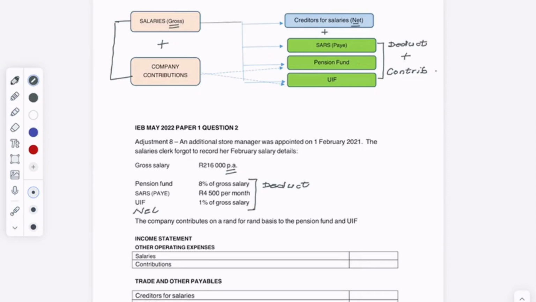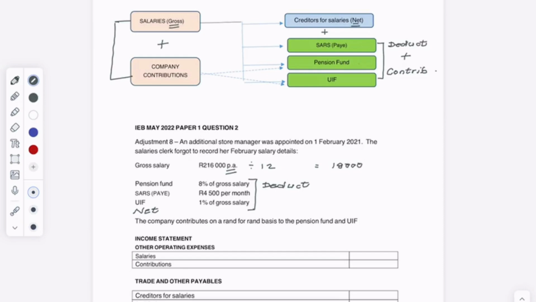And so many learners forget the name of that account. It's a creditor for salary. Creditor, somebody you owe money to, but it is not a trade creditor. You didn't buy stock. It's a creditor for salaries. Okay, let's do these calculations quickly. This person is earning R216,000 per annum. We're just doing the February salary, so divide by 12. Therefore, their gross salary is 18,000 Rand.